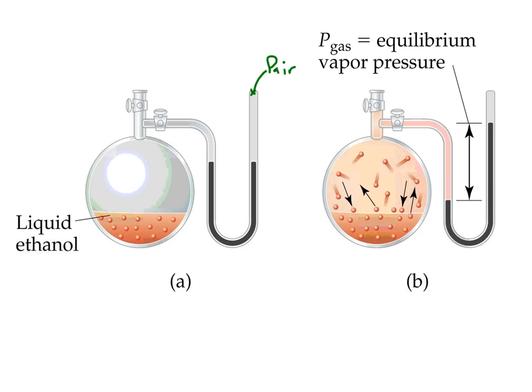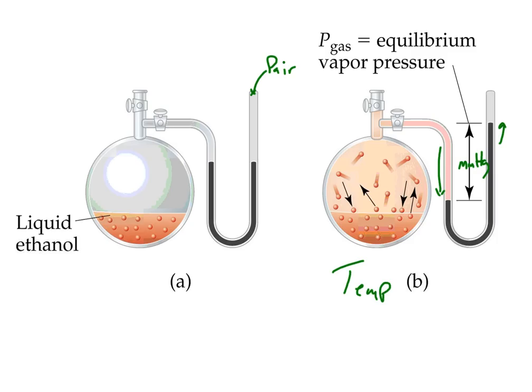Now, once those liquid particles start to evaporate, they're going to bounce around in there, and the pressure on the left-hand side is going to increase, and that's going to force the mercury down on that side and up on the other side. That difference, if we measured the height of the mercury, would be the vapor pressure in millimeters of mercury at whatever temperature we were working with.